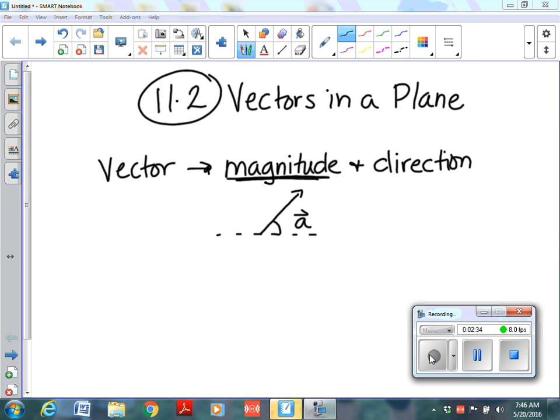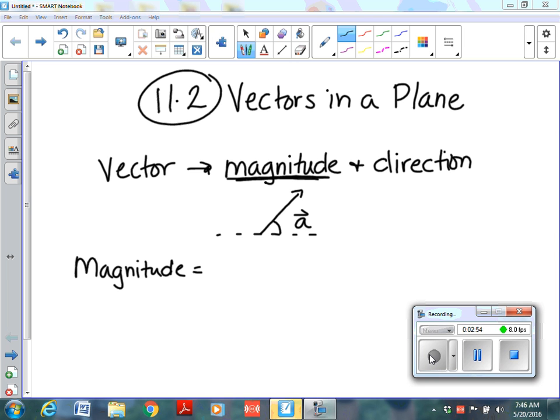Without a ruler, without a protractor, there's a formula to figure out the magnitude and the direction. Let's just start with magnitude first. Like I said, all of this stuff is not calculus. All of this is just what you learned in trigonometry 2 years ago.